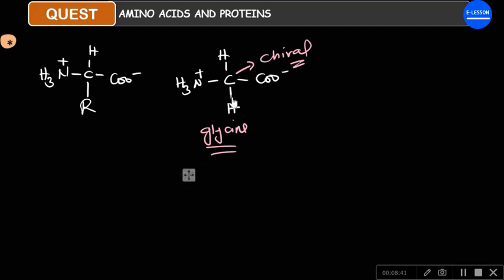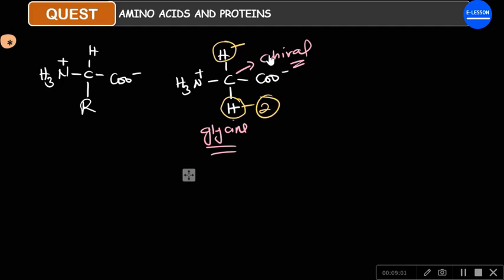But if you look at this very well, this hydrogen here and this hydrogen are the same. So this one has 2 of the same group. Since it has 2 of the same group, it means it only has 3 different groups here and not 4. So we say this is not a chiral carbon. We looked at this when we were talking about, what is it called? Isomerism. So I don't want to dwell too much on this.